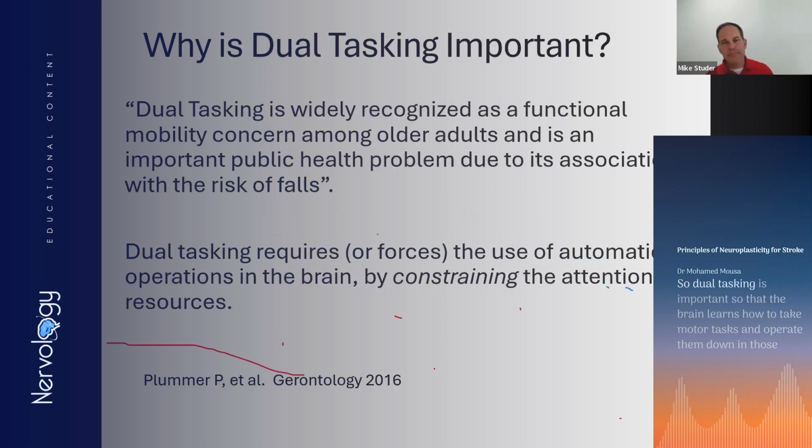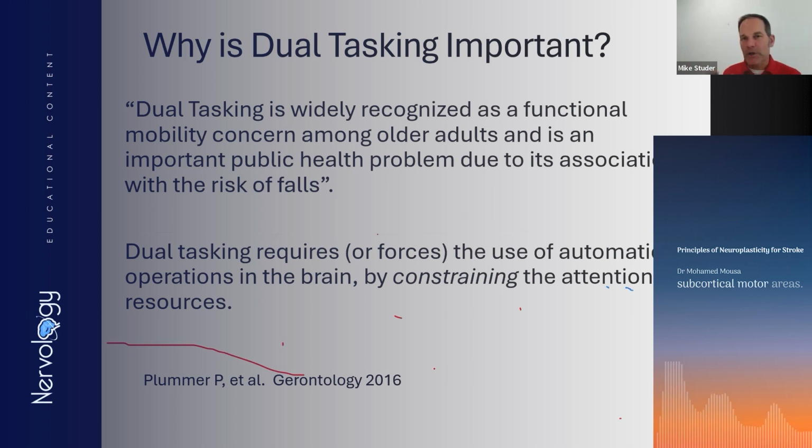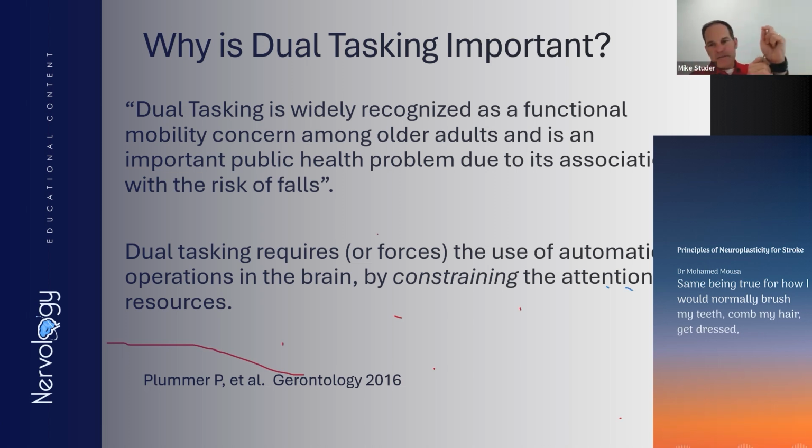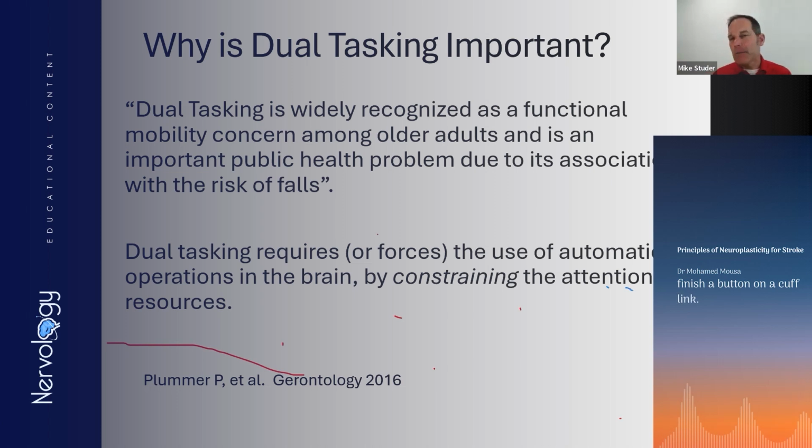So, dual tasking is important so that the brain learns how to take motor tasks and operate them down in those subcortical motor areas again, rather than making my walking take part of my attention. Same being true for how I would normally brush my teeth, comb my hair, get dressed, finish a button on a cufflink. Most of those would be automatic.